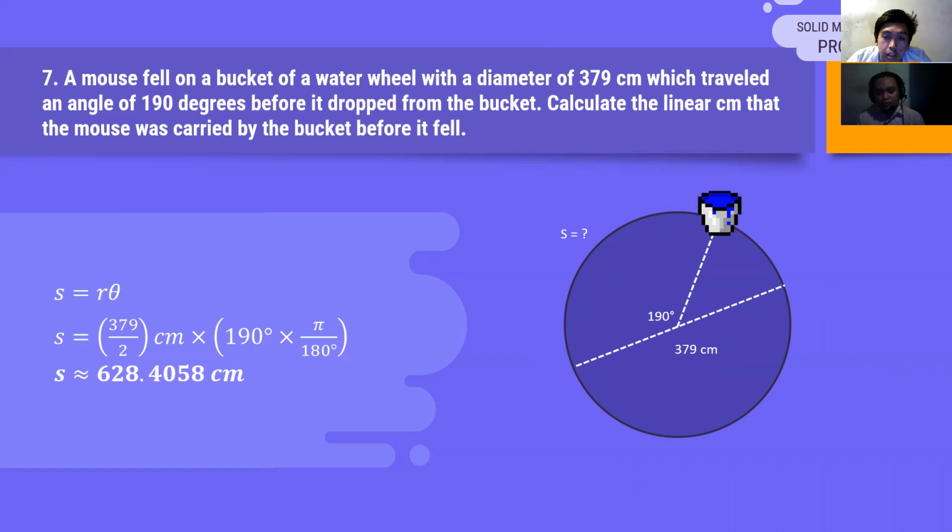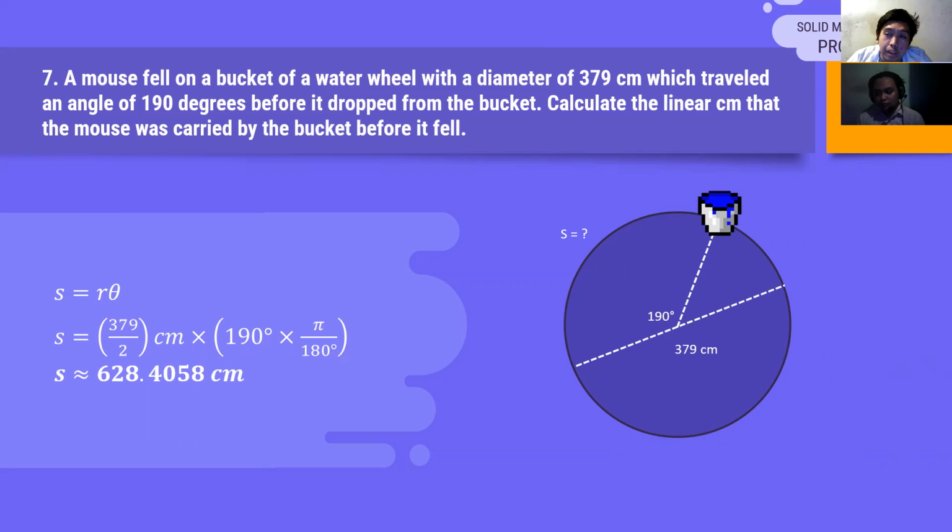In this case, the problem wants us to find S, wherein S is equal to radius multiplied by theta. The diameter is already given as 379. We divide it by 2, which gets us the radius, multiplied by 190 times pi over 180.